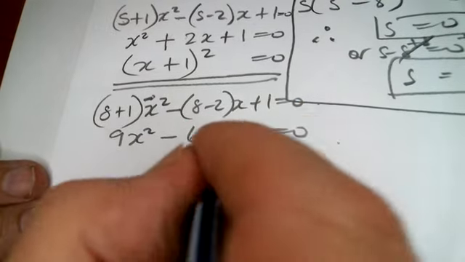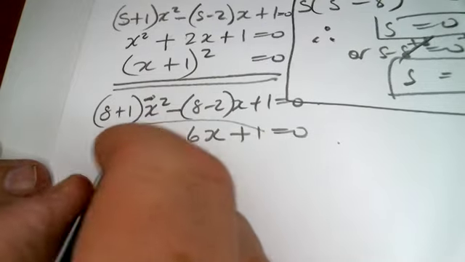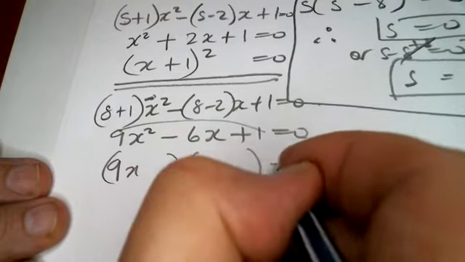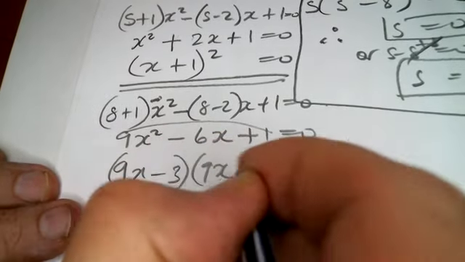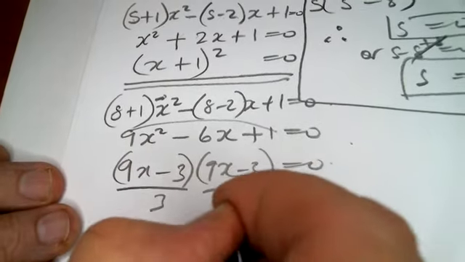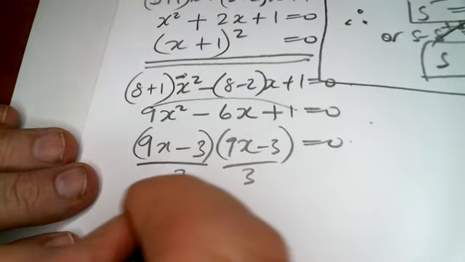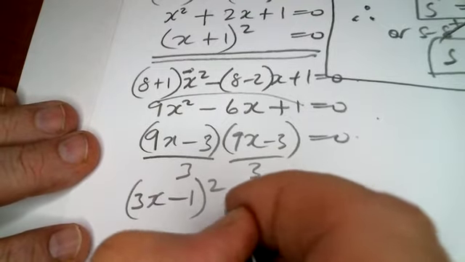So that actually is a perfect square. I can see it right now because 9 times 1 is 9. Factors of 9 are 3 and 3, which will be negative 3 and negative 3. So we can see it right here. Of course, I can divide all that by 3 and that by 3. So it's going to be 3x minus 1, all squared, equals 0.